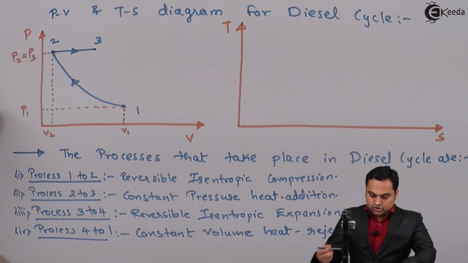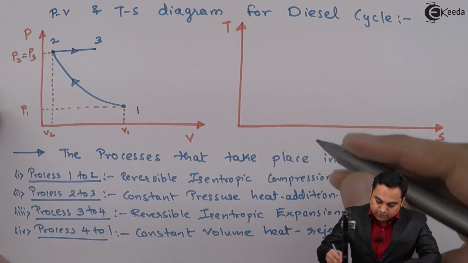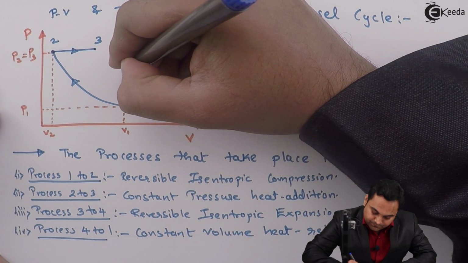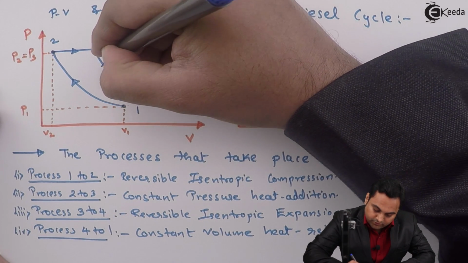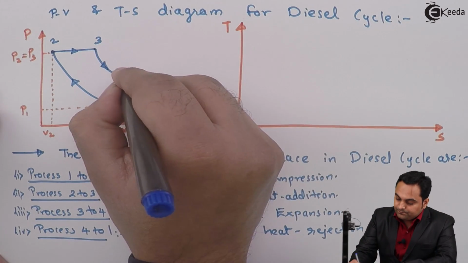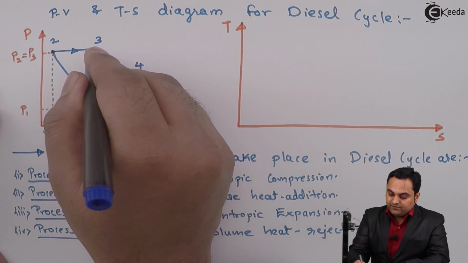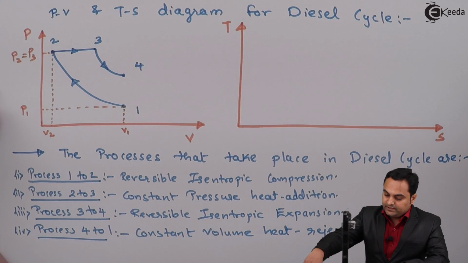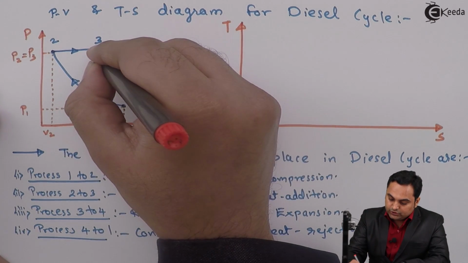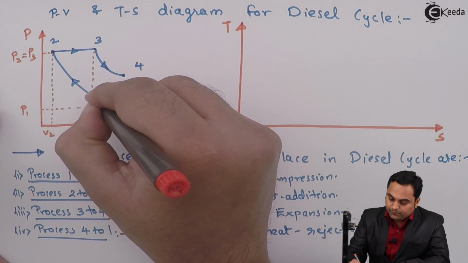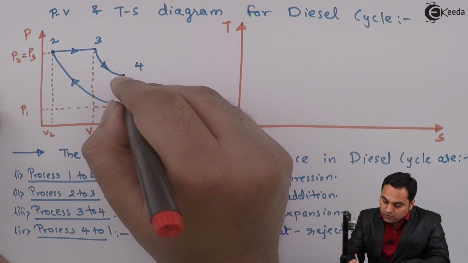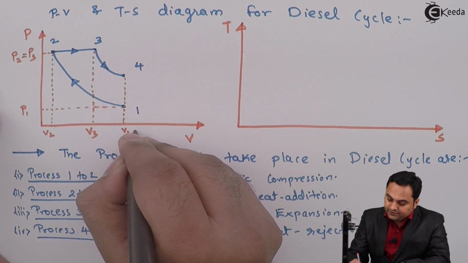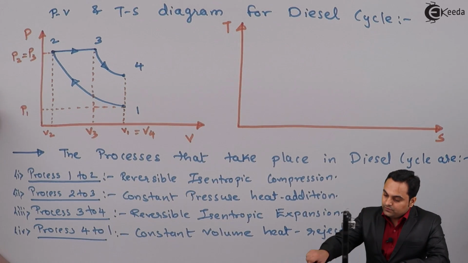Next, 3 to 4 is reversible isentropic expansion. This will again follow a curve. So it is reversible isentropic expansion, wherein the volume is V3 at the start of expansion. When the expansion gets completed, it is V4.